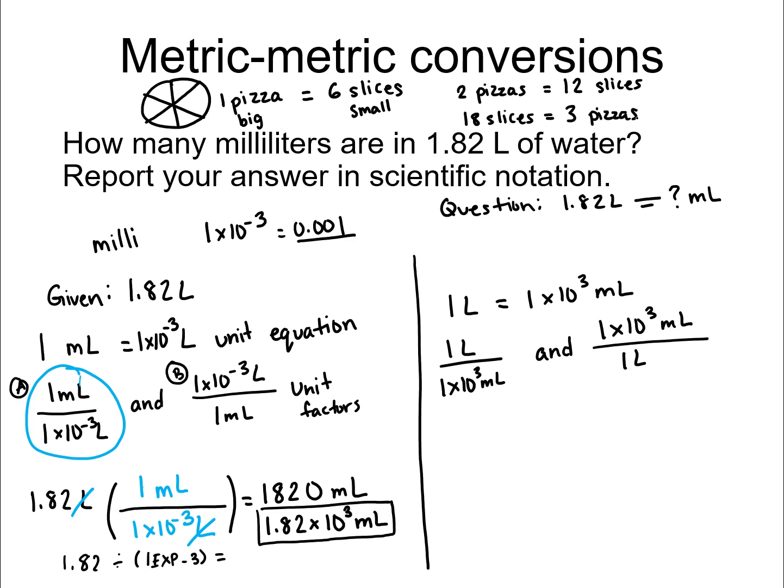It's the same thing. If I have 1 liter, 1 liter is bigger than a milliliter. So if I'm going from a bigger unit to a smaller unit, then I need to have a positive exponent in my scientific notation.